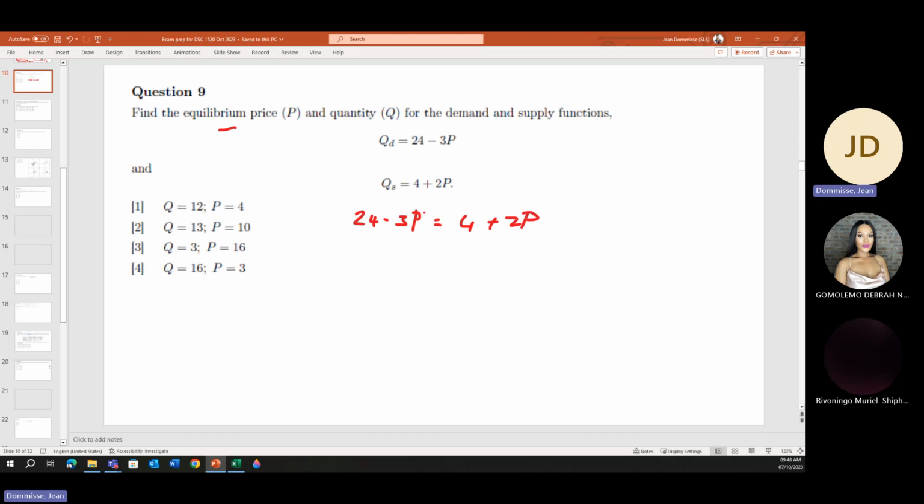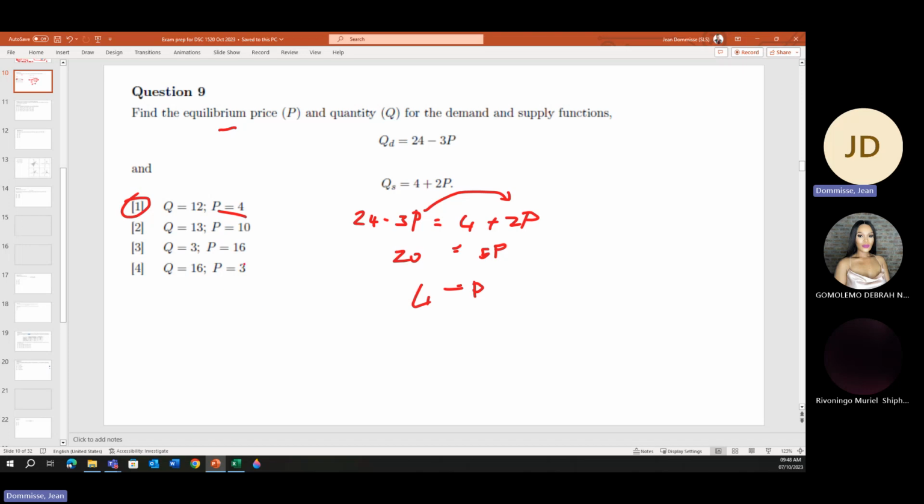Let's take all the p's to that side, minus 3p to that side. So we've got a 5p on the right-hand side. This becomes negative, let's take it to this side. It's 20. So p is equal to 4. Okay, so p is equal to 4, so we know option 1 is the correct one.